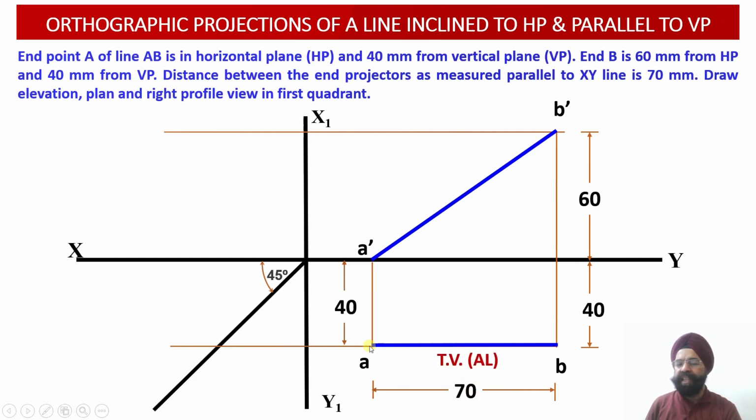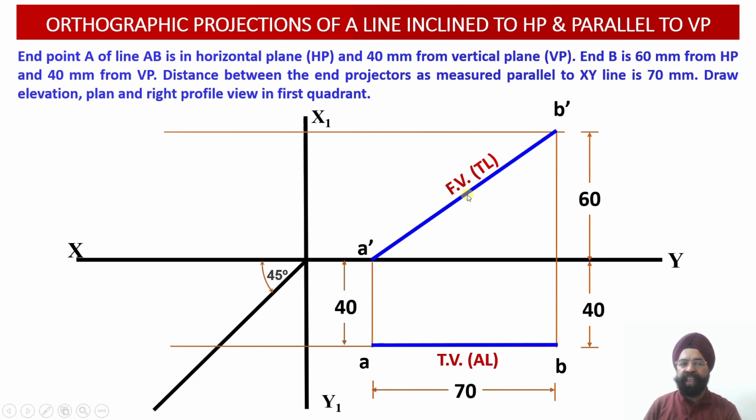And since this top view projection AB of the line is parallel to the vertical plane, the front view A dash B dash happens to be the true length of the line. The front view reveals the true length projection of the line onto the vertical plane.